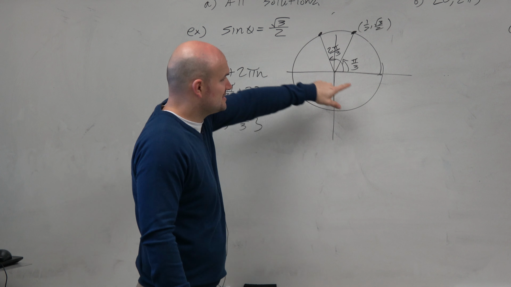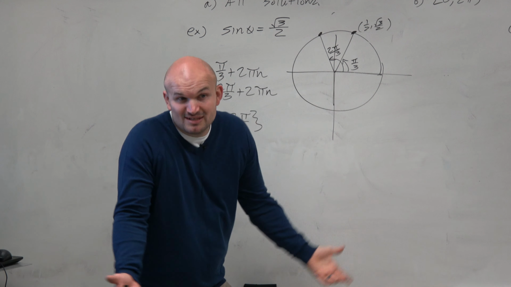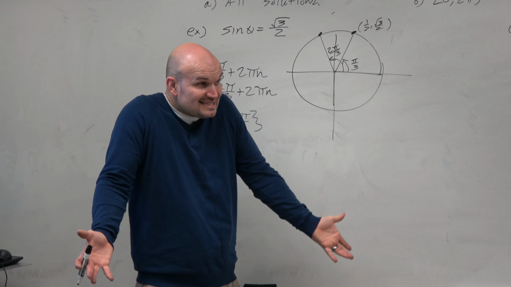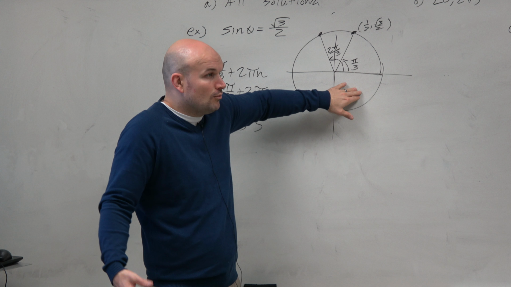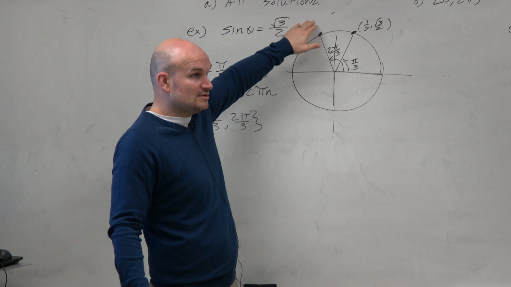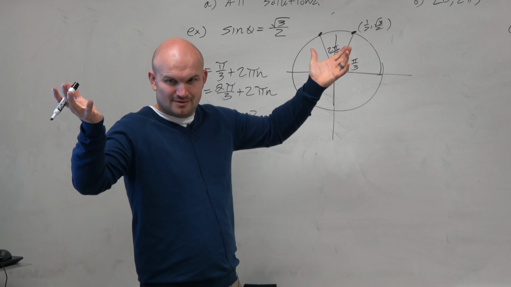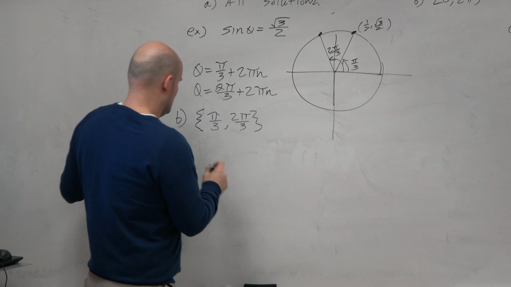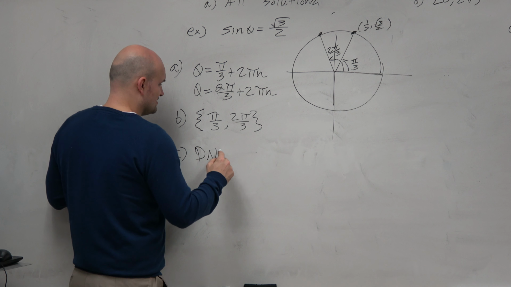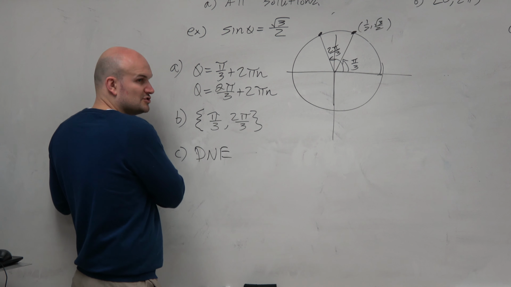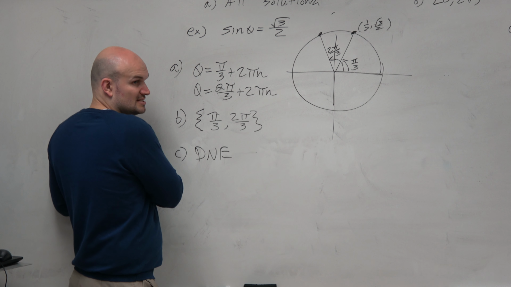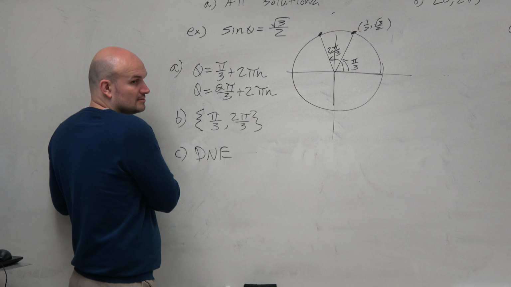Is it ever positive in the fourth quadrant? No, it doesn't exist, right? It can't exist. Fourth quadrant, y coordinate's negative. Sine is the y coordinate, which in this example is positive. Do you guys kind of see that? So it doesn't work. So guess what? It does not exist. There is no angle that falls within that constraint. Does not exist. Or you can say no solution.